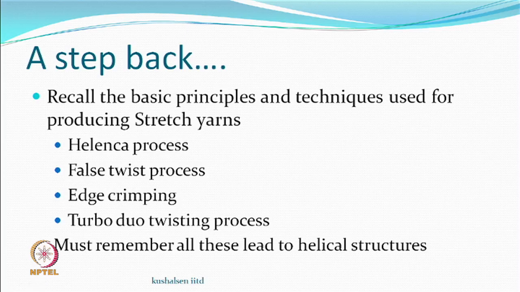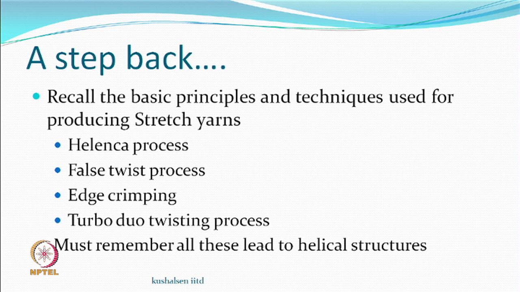If you recall, we had talked about stretch yarns which can be produced by the Helenka process, which is a batch process, but it gives you a helical structure because we are using twist. Then there is the false twist process, where twist is still imparted, but in a slightly different manner.